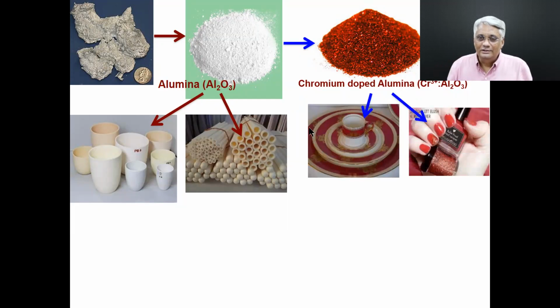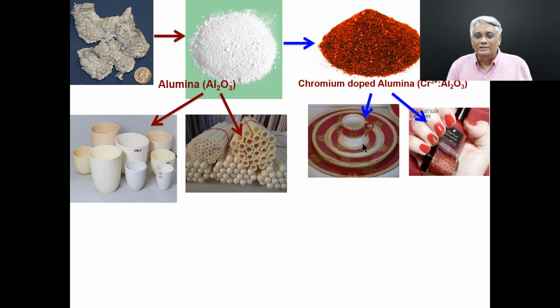Traditionally, for all these colored objects, you can make pigments and paints using this doped alumina powder. Nail polish, and the maroon color that you see on ceramic pottery, because it's a non-toxic compound, so it's no problem. So you can make paints and all kinds of things.